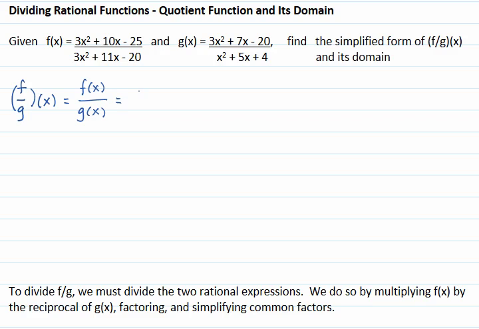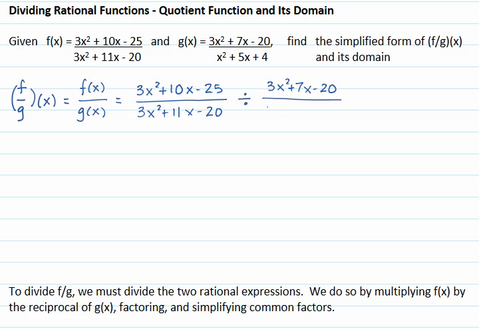The expression for f of x is 3x squared plus 10x minus 25 over 3x squared plus 11x minus 20, and we need to divide it by g of x, which is 3x squared plus 7x minus 20 over x squared plus 5x plus 4.